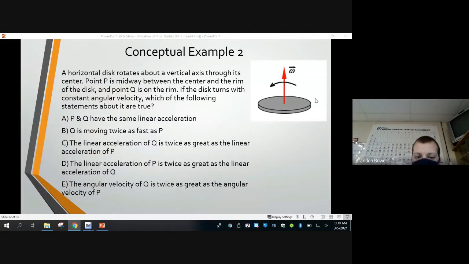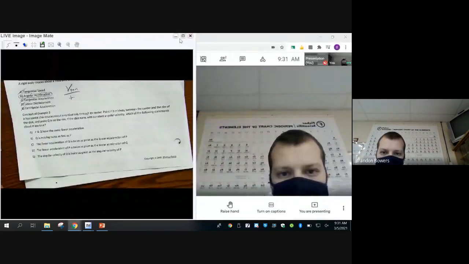What's the difference between B and E? The angular velocity of Q is twice as great as the angular velocity of P. Okay, so angular velocity, let's look at this. Angular velocity is twice as great. All right, so velocity is going to be, let's think about this.